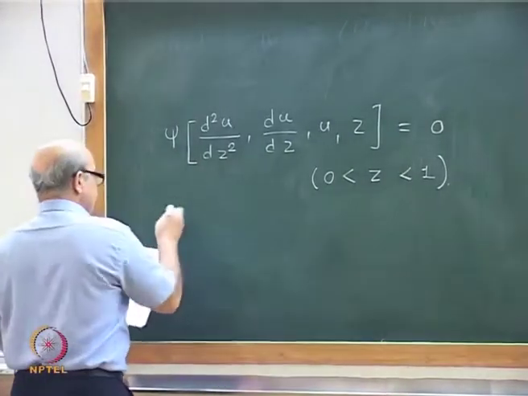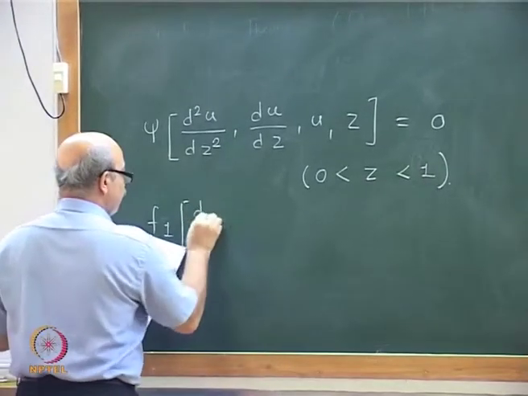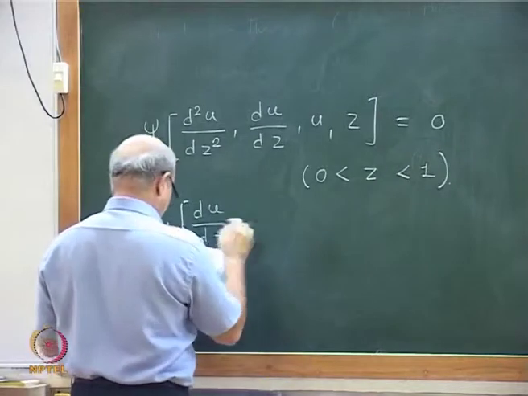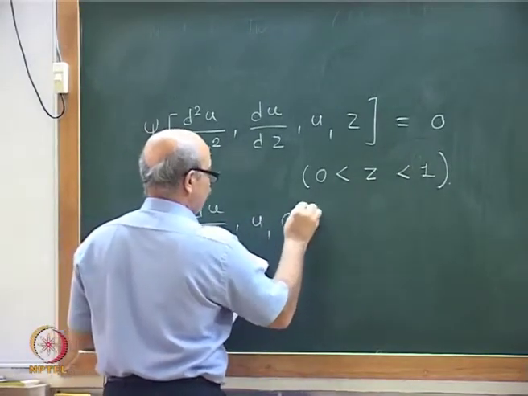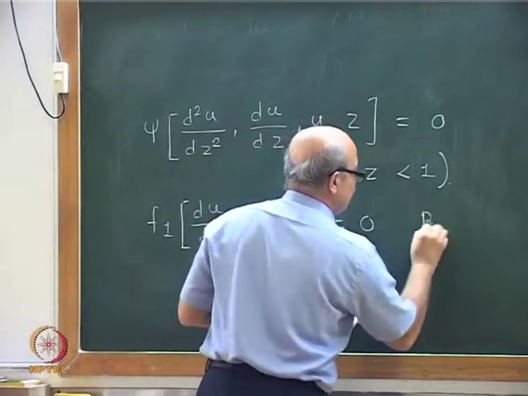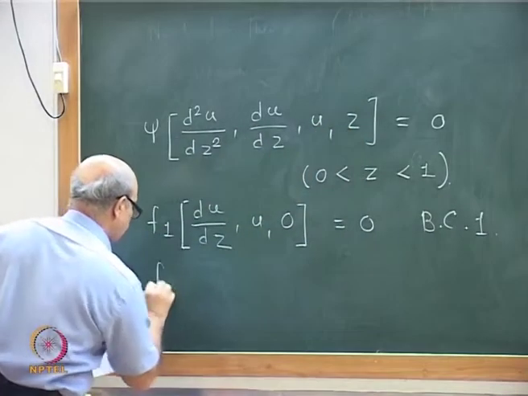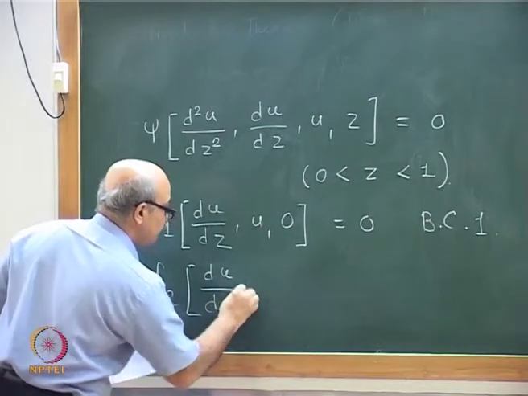So these are f1, my boundary condition 1, and then my second boundary condition is du by dz.